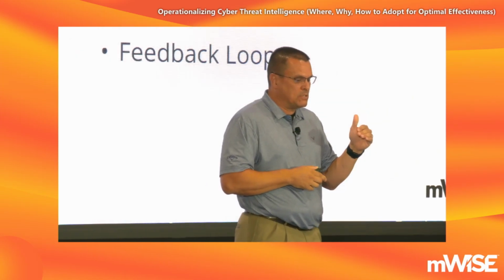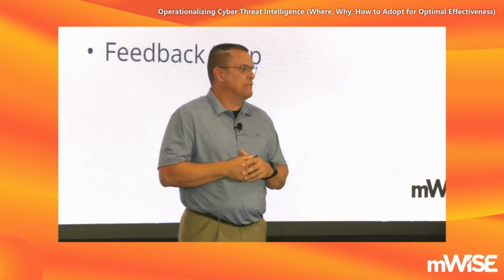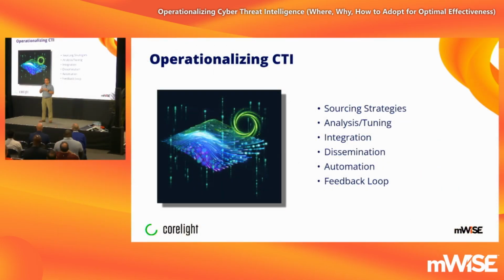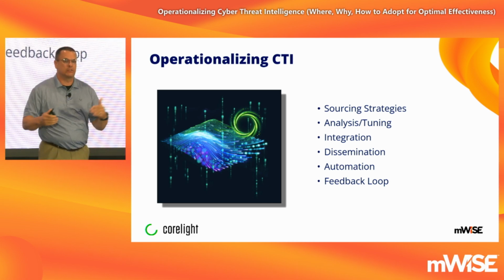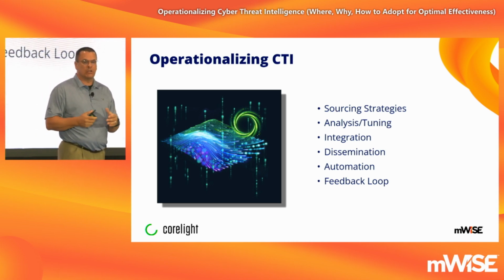Then the next step is going to be disseminating that. Who are you going to share this information with? If you guys saw the press release earlier this year, Corelight actually had our Series E funding, raised over 150 million. We actually had to turn away investors because so many people were wanting to invest in Corelight. Well, that made us a target.